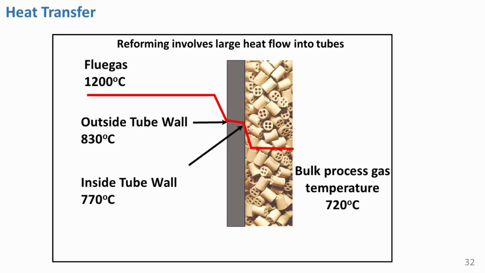As a critical issue in the methane steam reforming process, the limiting step is heat transfer towards the reaction volume, since its high endothermicity requires high heat flux, and the catalyst has low thermal conductivity.